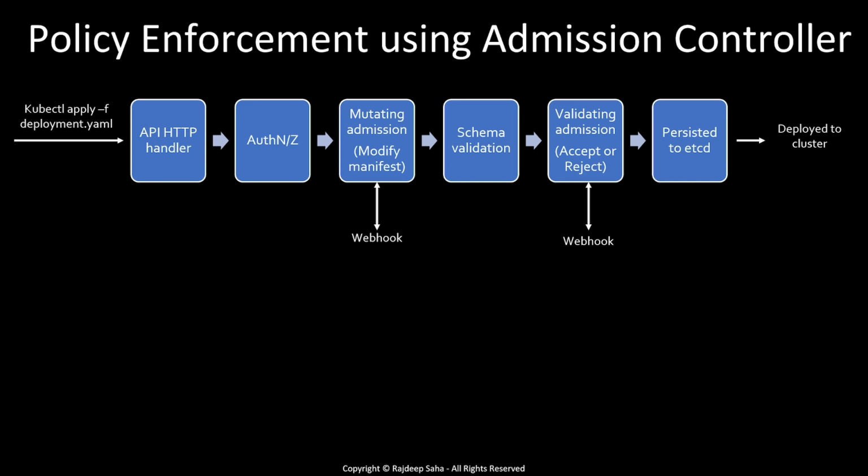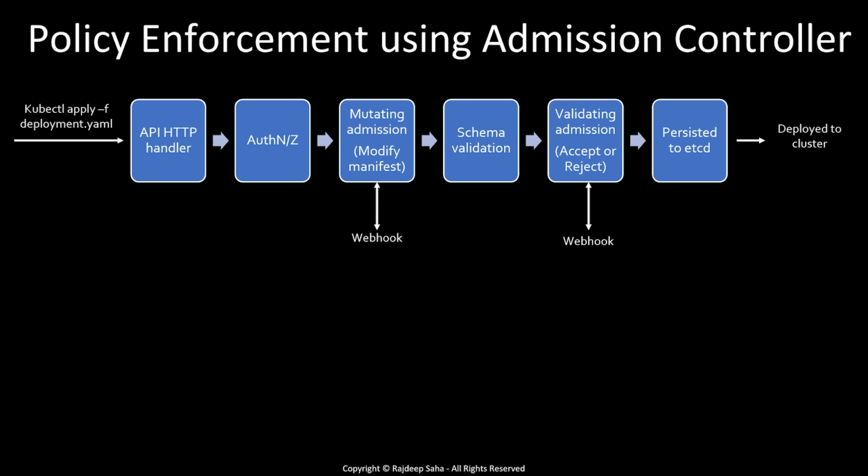Now, as part of this, you can also define certain things that it can add in addition to the default ones, right? And they are called through webhook. And then comes the schema validation, where the schema gets checked. And then another admission controller phase, which is validating admission, which can check certain fields and then accept or reject the deployment file.